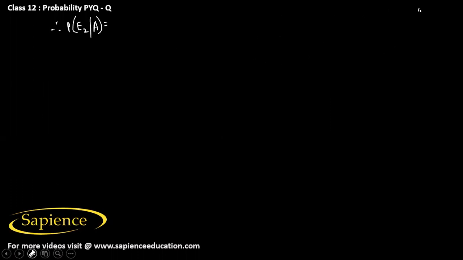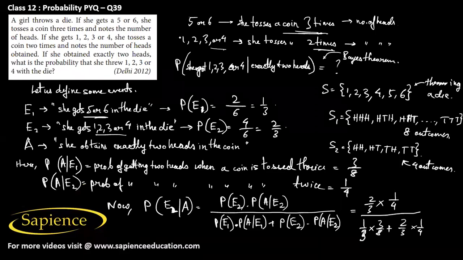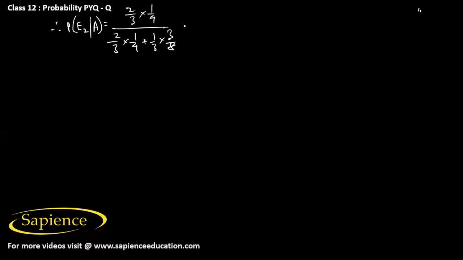Okay, so this would be 2 by 3 times 1 by 4 divided by 2 by 3 times 1 by 4 plus 1 by 3 times 3 by 8. So this would be 1 by 6 on top, and the 3 and 3 will cancel in the second term, so this would be 1 by 6 plus 1 by 8.